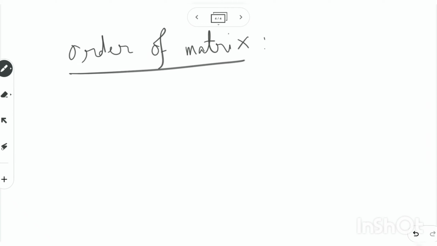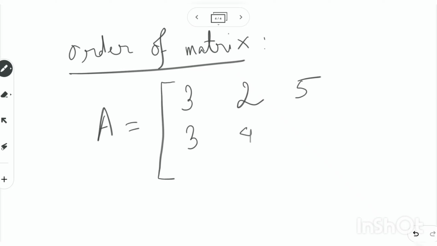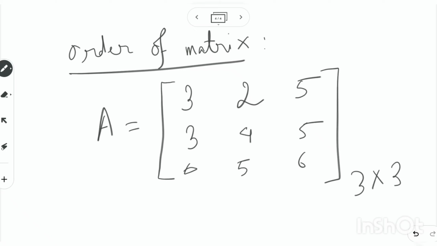Suppose in a matrix A there are 3 columns and 3 rows. So this is a 3 cross 3 matrix. That is, the number of rows is 3 and the number of columns is also 3. So this is basically a 3 cross 3 matrix.